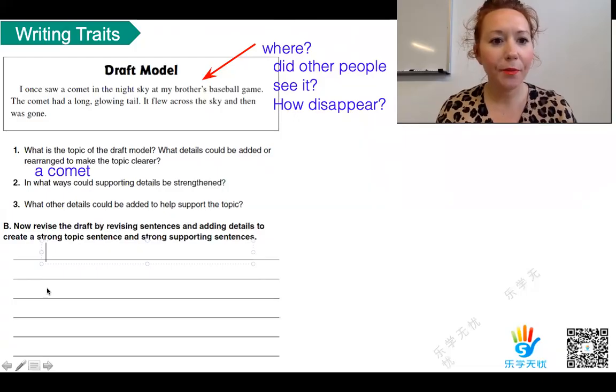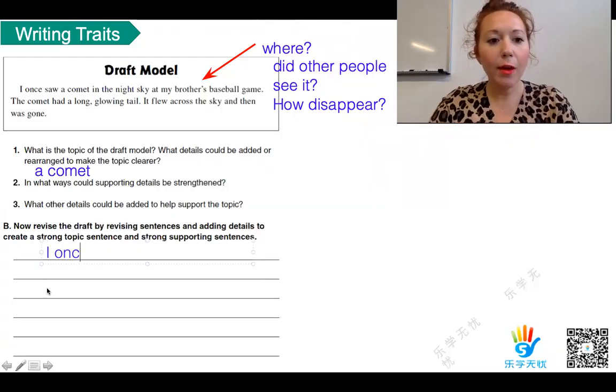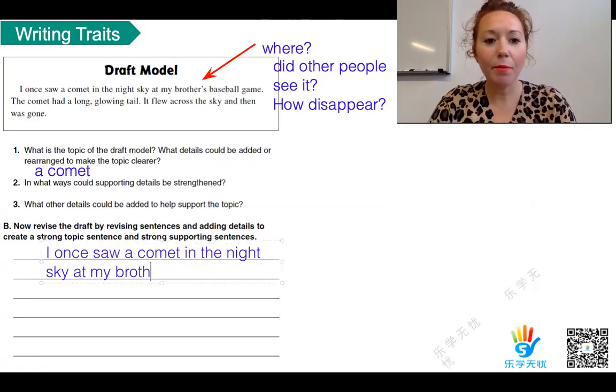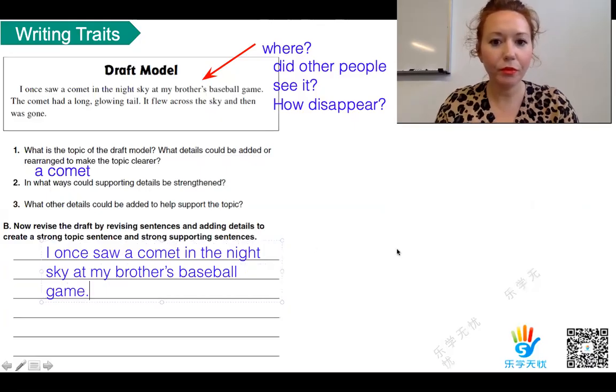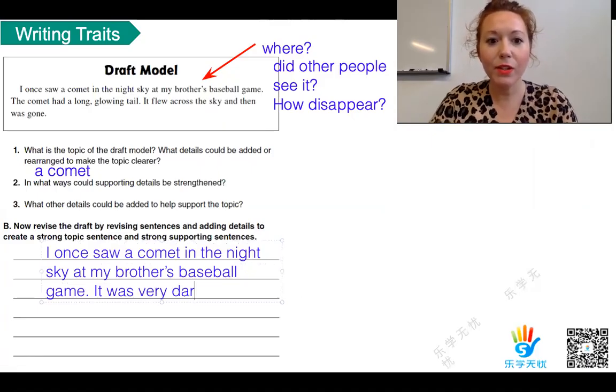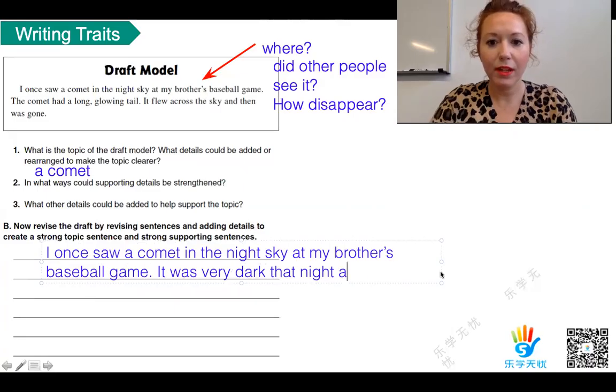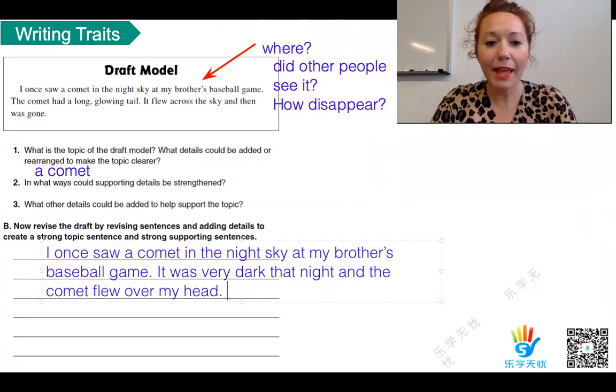So we could say, I once saw a comet in the night sky at my brother's baseball game. It was very dark that night, and the comet flew over my head.